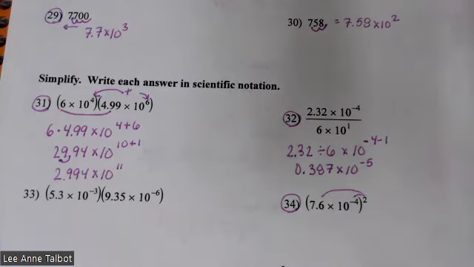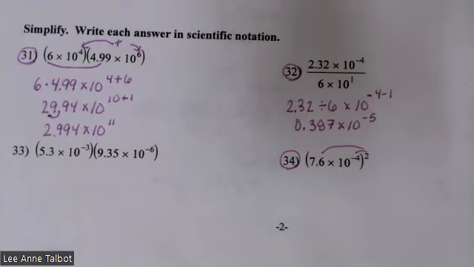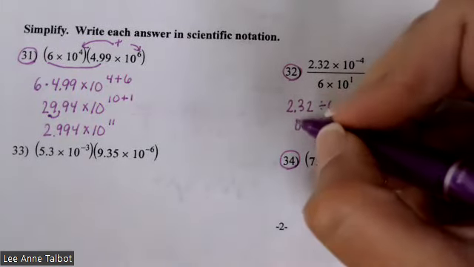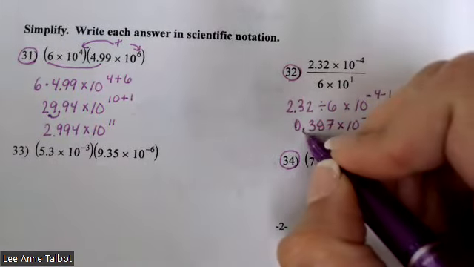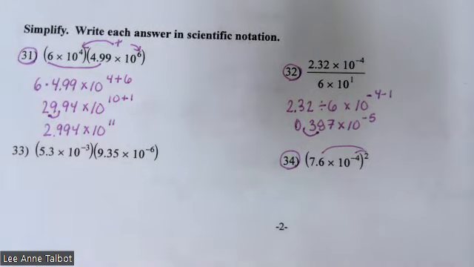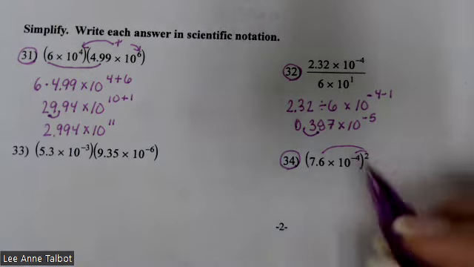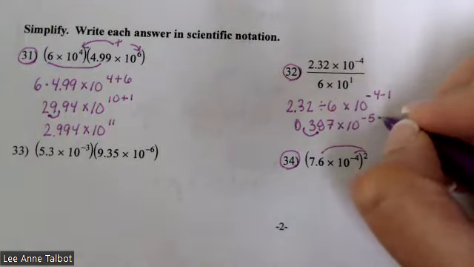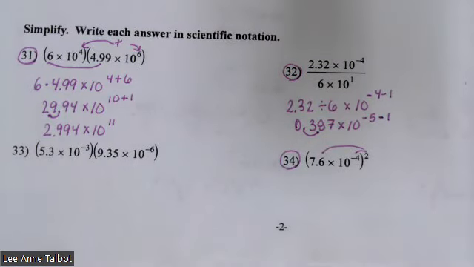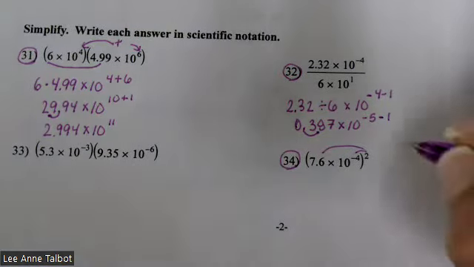Okay, now, is it done? No. Okay, this decimal is too small. I need to move it 1 spot bigger. So going from 0.387 to 3.87. If I make that 1 spot bigger, I've got to make this 1 spot smaller to balance it out.